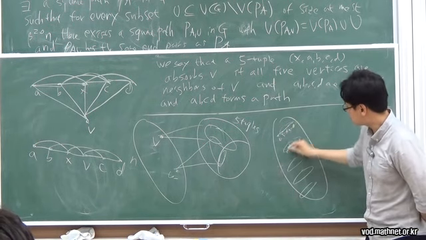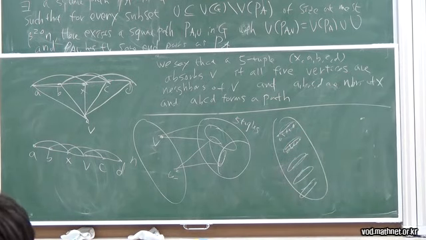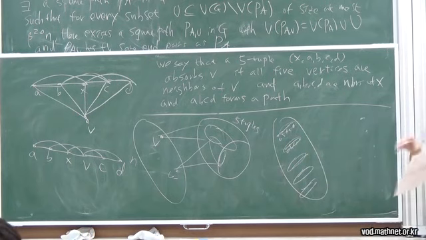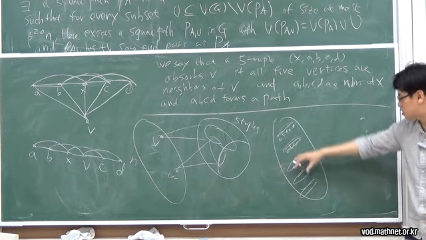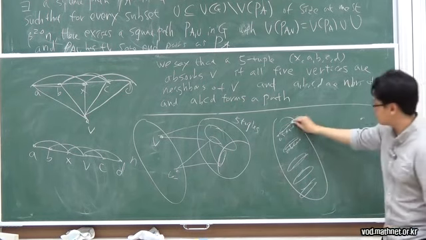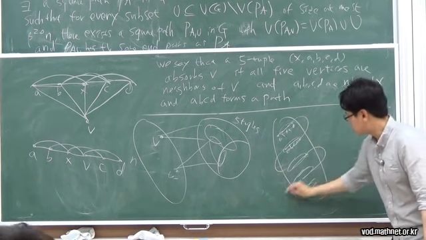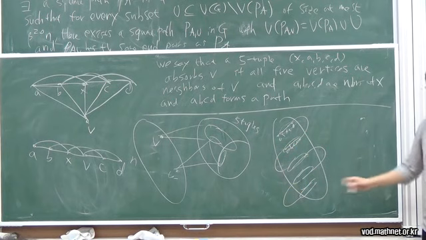A, B, X, C, D, square path. And then if some of them overlap, we delete. And if some of them don't even form a path, we also delete. And then for the rest of them we use the connecting lemma to connect them into a square path. Then we get a square path.